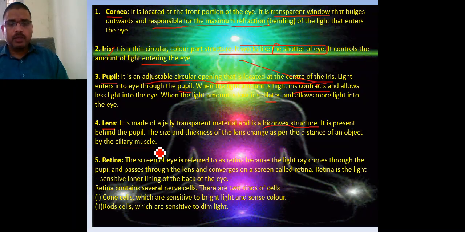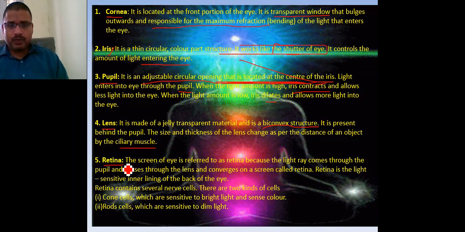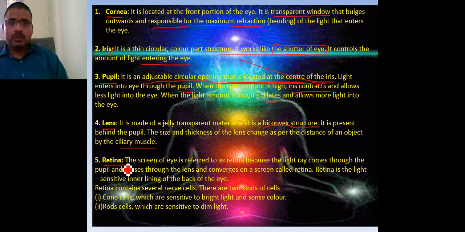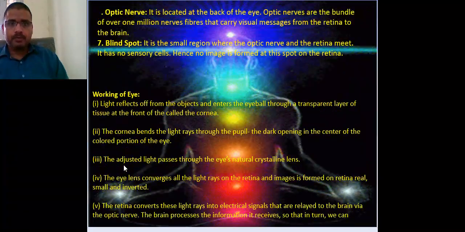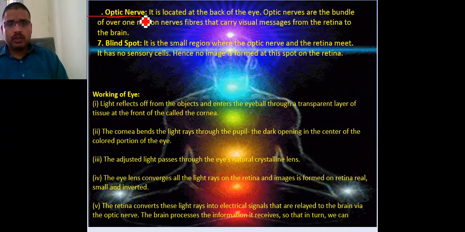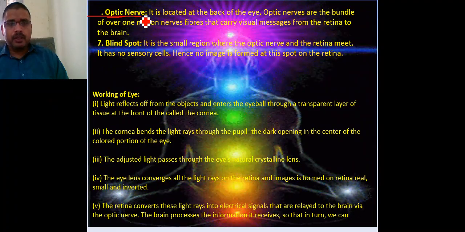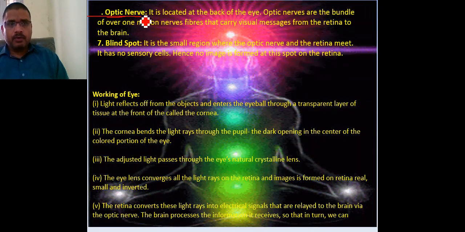So that is about the different functions of the different parts of the eye. There is the optic nerve, as already told. When the image is formed at the retina, after the formation of the image on the retina, the message is sent through the optic nerve.